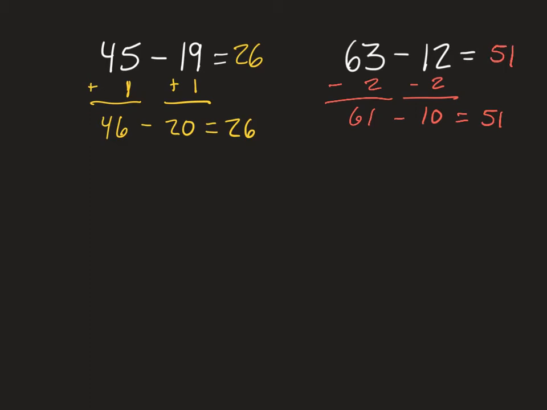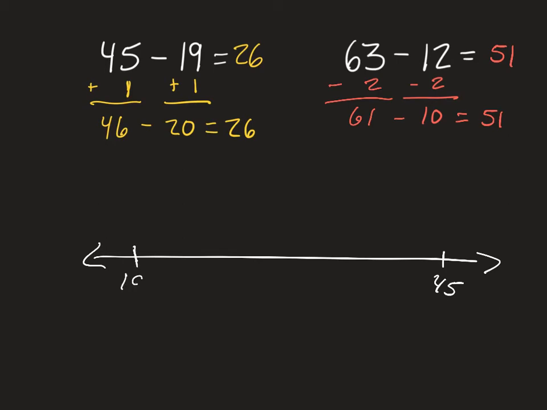Why does this work? This works because the distance between the two numbers on the number line stays constant. If you look here, 45 and 19, the distance between these two numbers is 26.